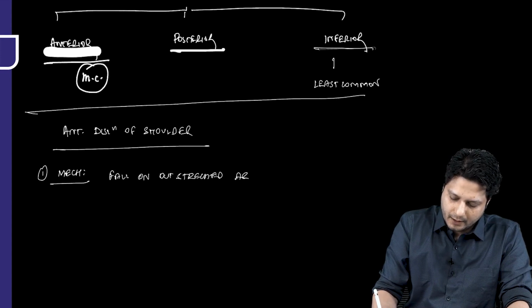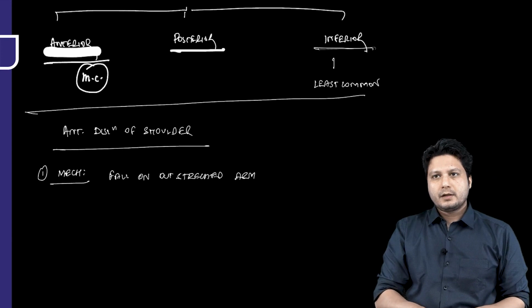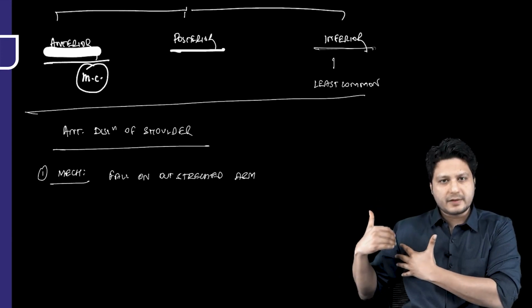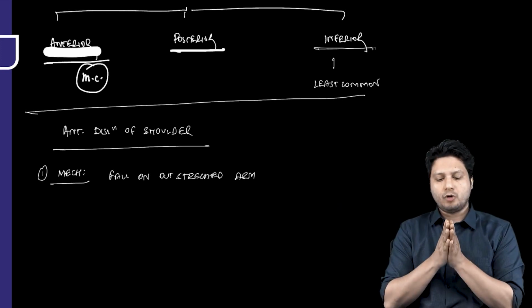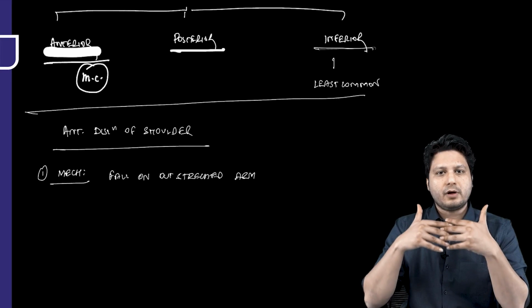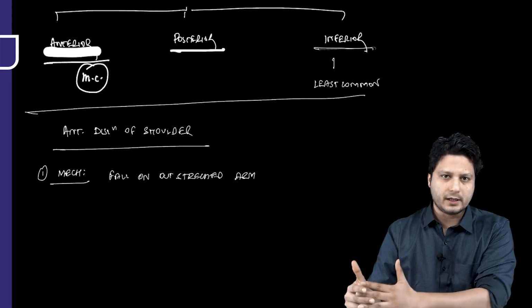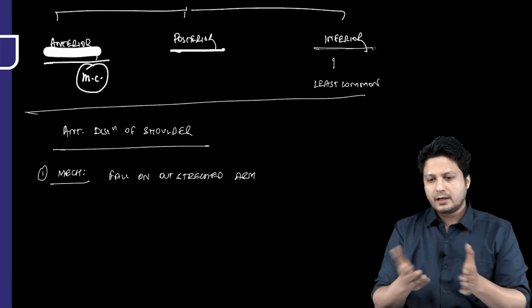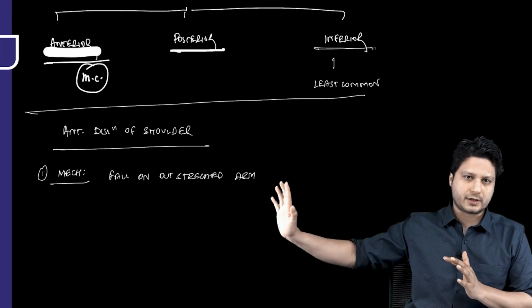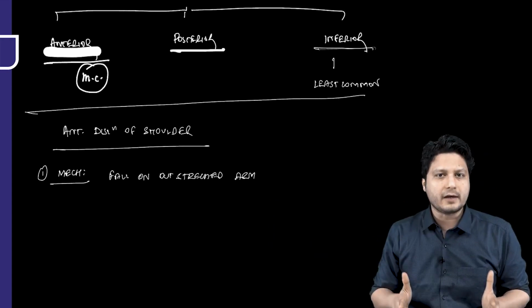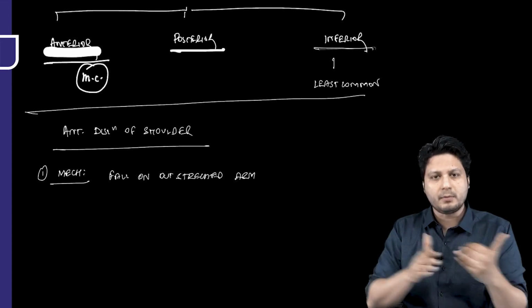Now, point number two, if the patient is falling on an outstretched arm, what is the position in which the arm is held? For example, normally or practically, if a patient is made to fall, then he will fall on an outstretched arm only. It is almost impossible, unless the patient is unconscious, that he will not fall with the outstretched arm. This is the only position in which he will fall, because he will try to protect his centrally lying vital organs in order to prevent them from injury.